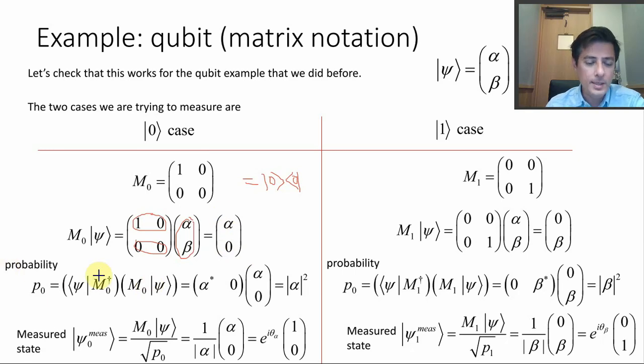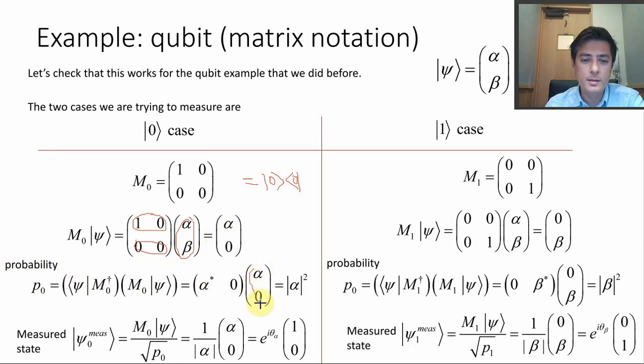The probability is again where you take this vector and multiply by the conjugate vector. So we take that vector, find the conjugate vector by putting it on its side and taking the complex conjugate, and we multiply this out.